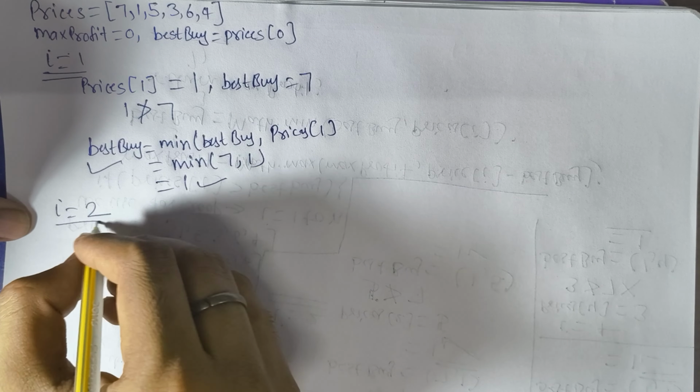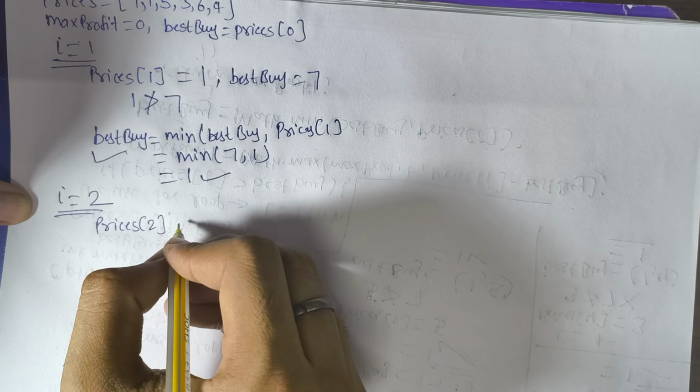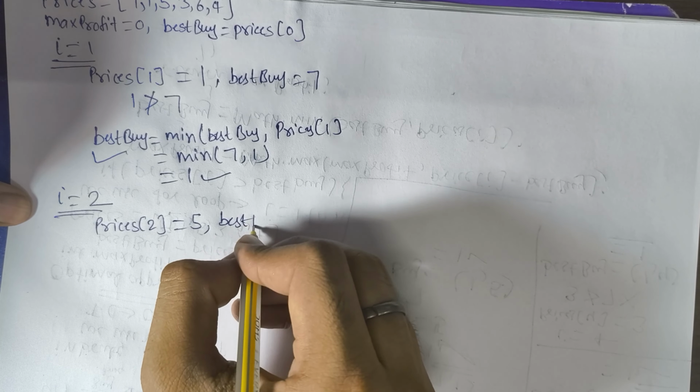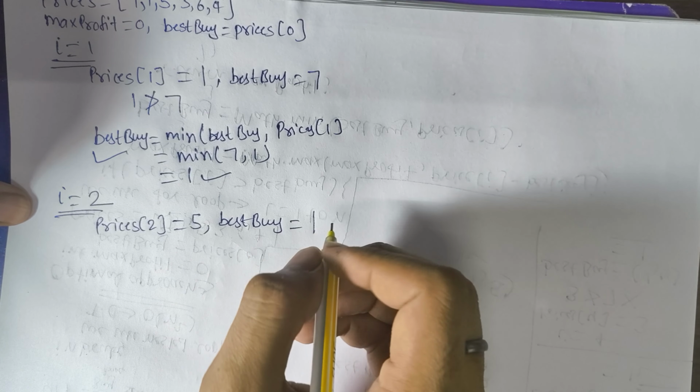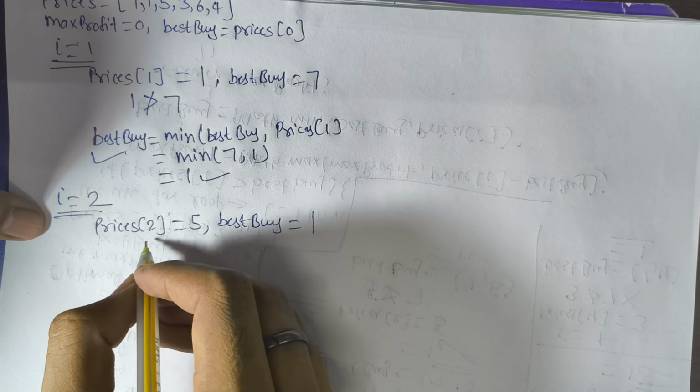When we go for i equal to 2, then price[2] is equal to 5, and our best buy is equal to 1, and now price is greater than our best buy.